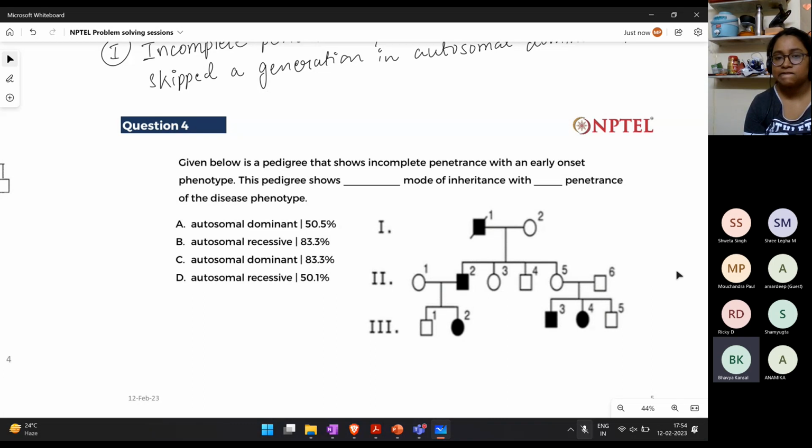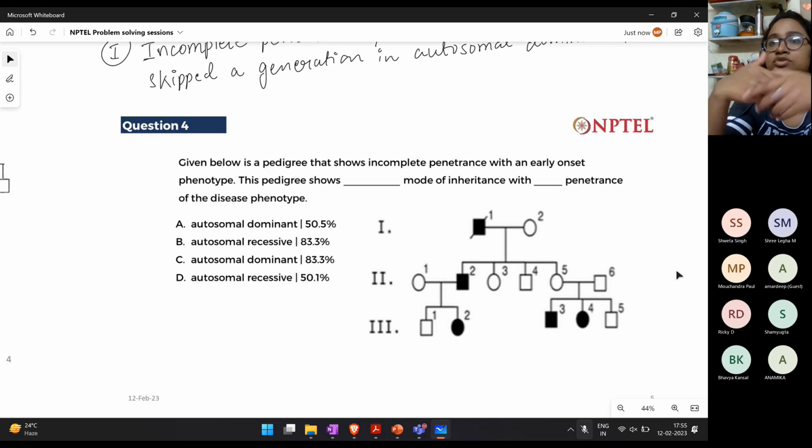Ma'am, can you please explain the meaning of incomplete penetrance? I still didn't get it. Okay, thank you. I'll definitely explain. So what happens is, in the family there's an individual, and in the pedigree chart, that person is supposed to have the allele that is causing the disorder, but is not showing the symptoms.